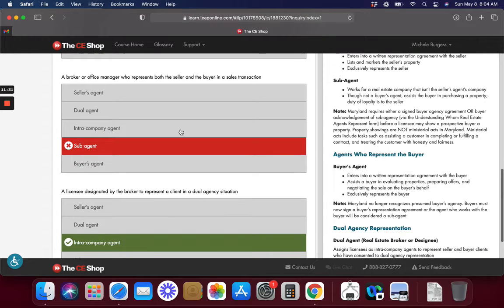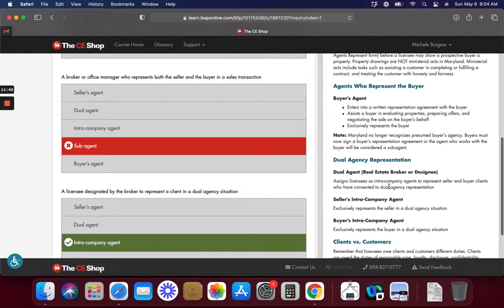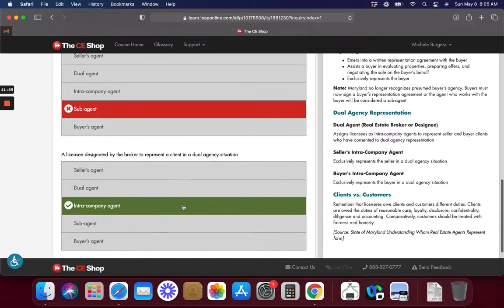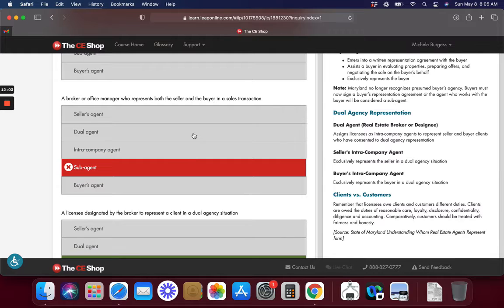And this one here is a broker or office manager. It's a Doyle agency. Exclusively represents the buyer. I'm thinking it's Doyle agency. Okay, this one's Doyle agency. This is intercompany, so it can't be Doyle. This one must be Doyle.